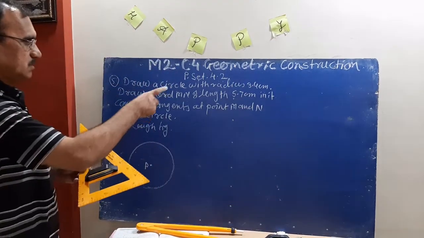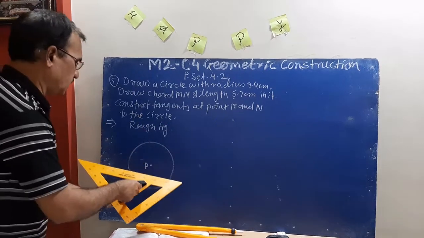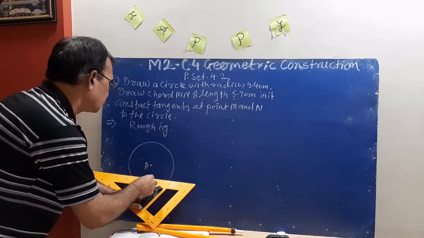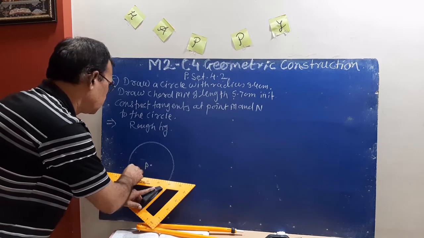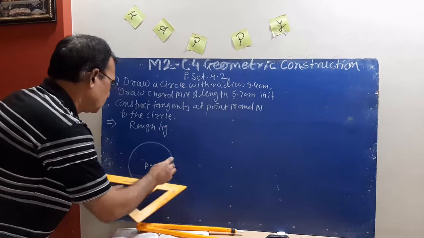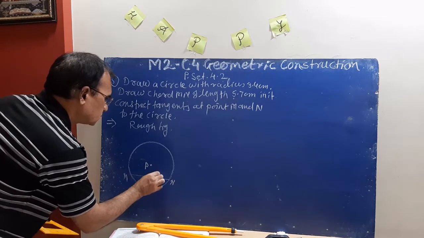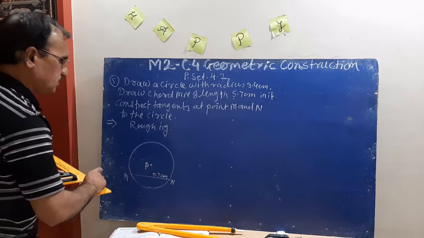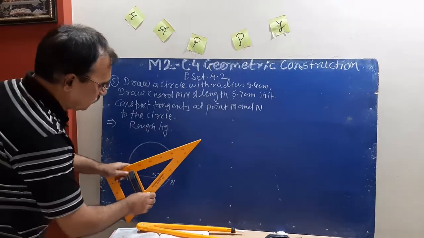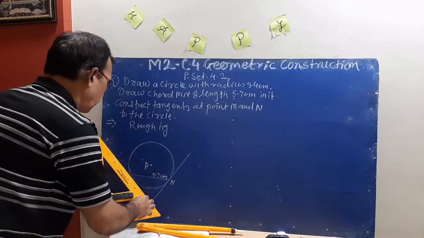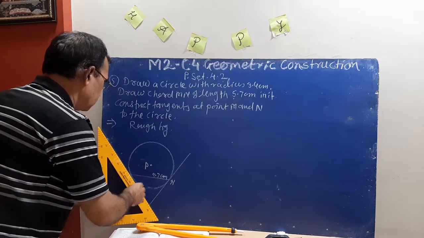Then chord 5.7. This is chord 5.7, and we have to construct tangents which are passing through points M and N. This type.